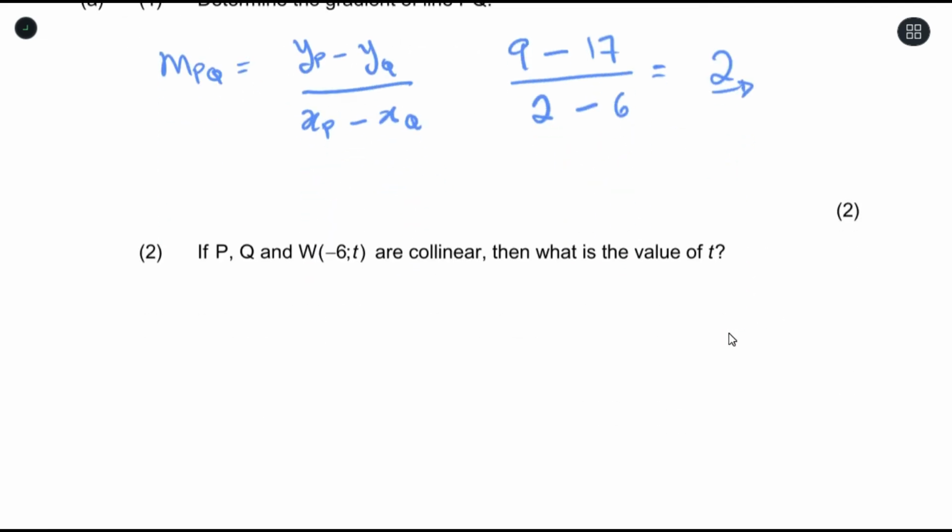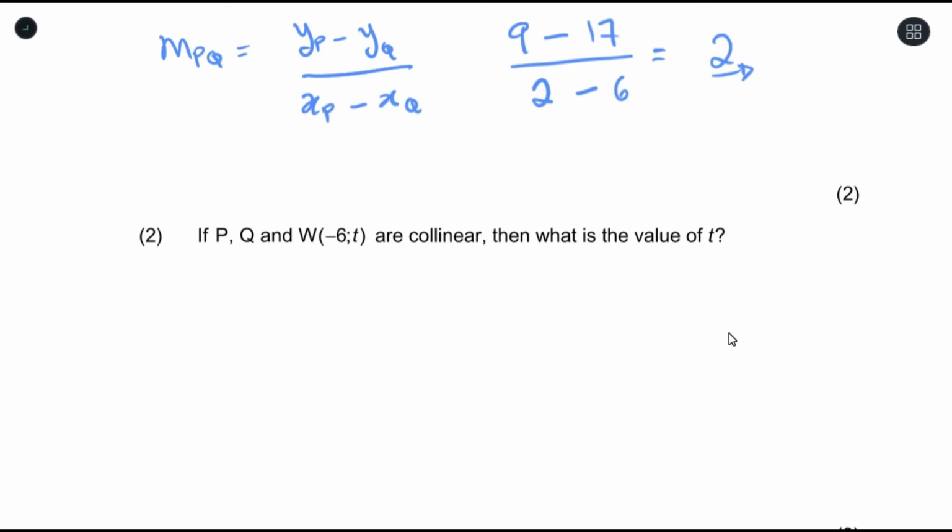Now, for the second question, it says if P, Q, and W, which is (-6, T), are collinear, what is the value for T?